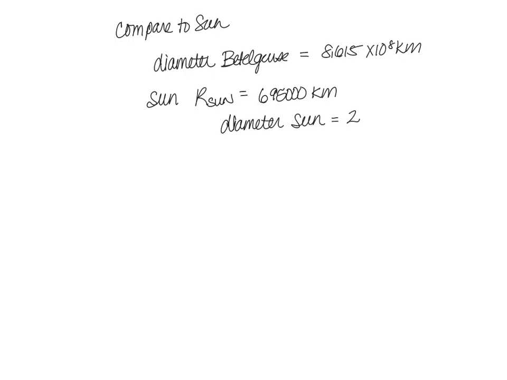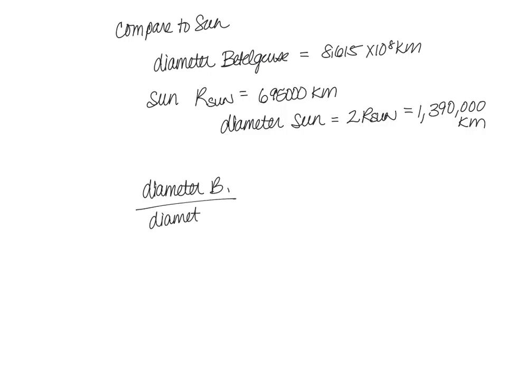So that means the diameter of the sun is twice that, which is going to be 1,390,000 kilometers. So the way that we could compare it is we could put the diameter of Betelgeuse over the diameter of the sun.